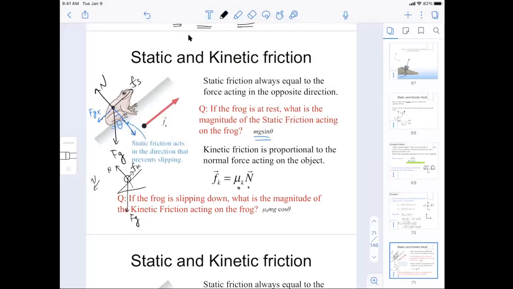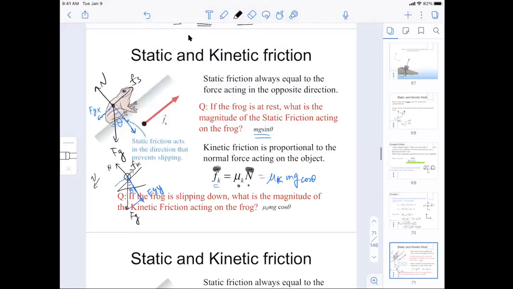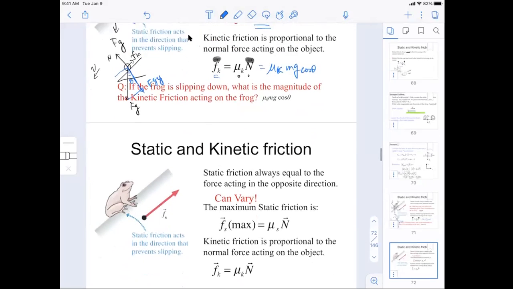Normal force is Fgy, the y component of gravity, which is mg cosine theta. Therefore, your friction is going to be mu mg cosine theta. Let me get rid of these vector signs. Okay, so these two are different values. You need to figure out the friction situation depending on whether it's at rest or it's moving.